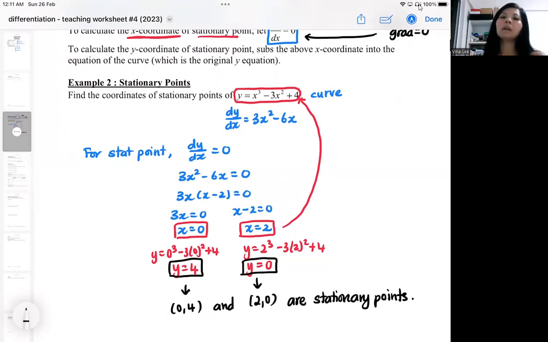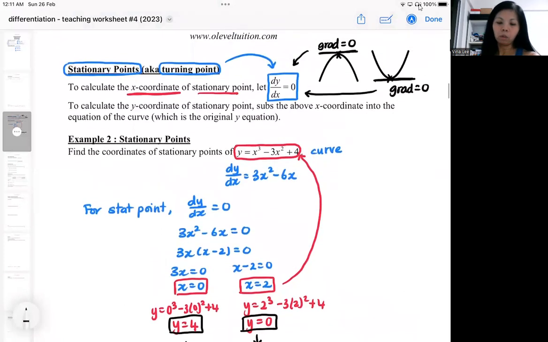We wouldn't know whether they are a maximum point or a minimum point. At this moment, you only know that these are the coordinates of the stationary point, or you can call these the coordinates of the turning point. So that will be one of the uses of dy dx. We use dy dx equal to 0 to find the coordinates of the stationary point.